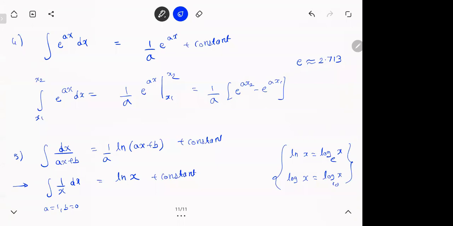Copied, everyone? Copy down, copy down fast. There are one or two people who didn't.